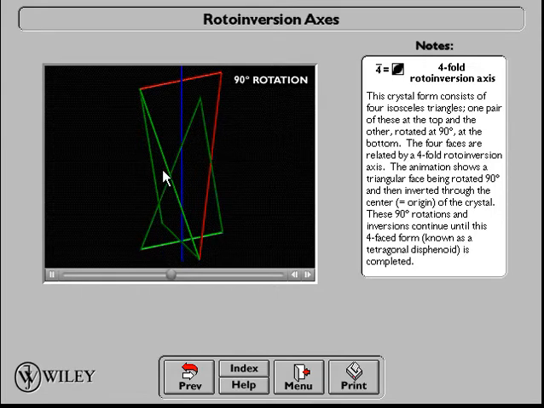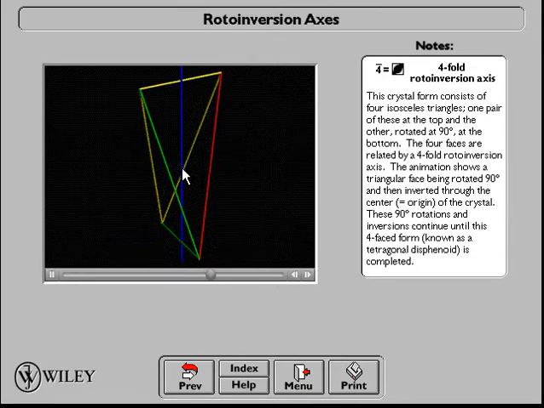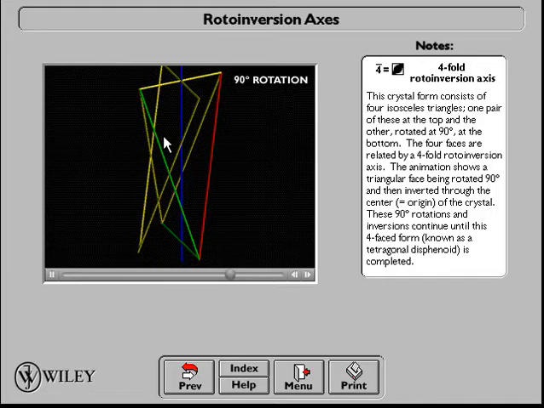Then we are making again a 90-degree rotation from here to there, and it goes all over the center of the symmetry. Then we are making again an inversion and putting this face there. And then afterwards a 90-degree rotation coupled with an inversion, putting the face from here to here.